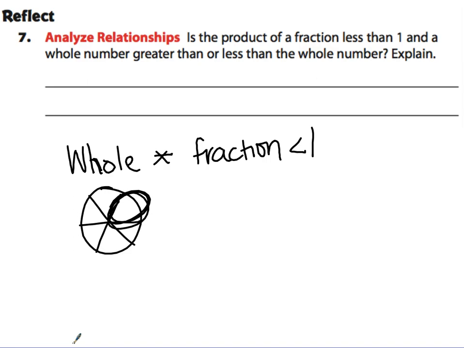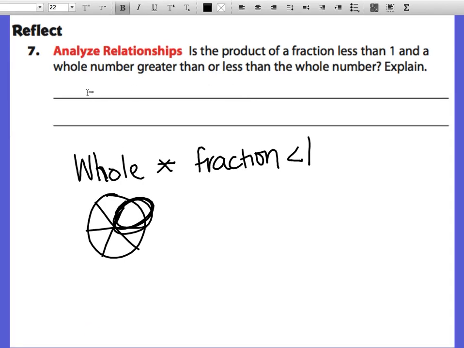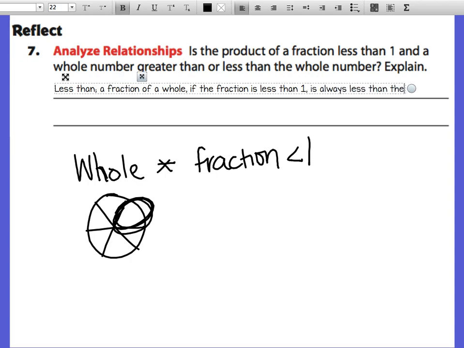Okay, so let's take that and put it into words, and I'm going to type to spare you the time of me writing it. So less than, because a fraction of a whole, if the fraction is less than 1, is always less than the whole.